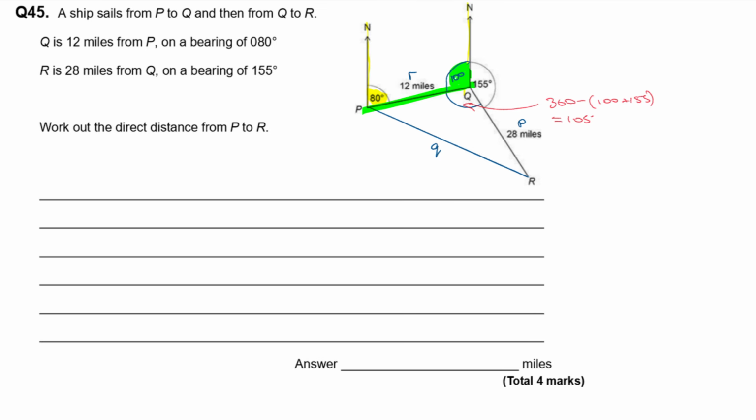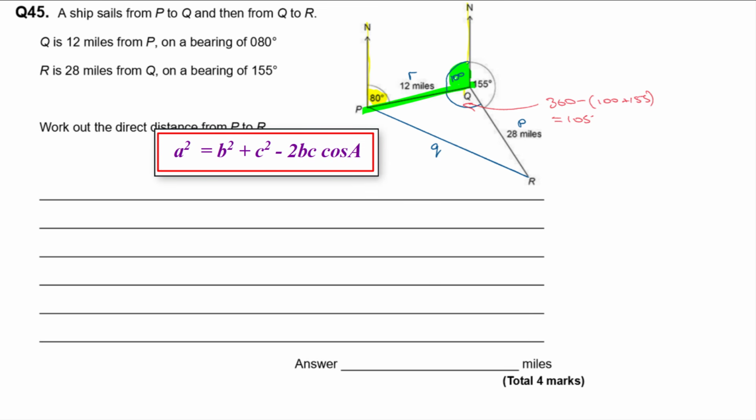Formulating it in terms of the sides I've been given, Q squared equals P squared plus R squared minus 2PR cos Q. Again, remember on our pattern that the letters repeat, P and R repeat, and then it ends and starts with the same letter.